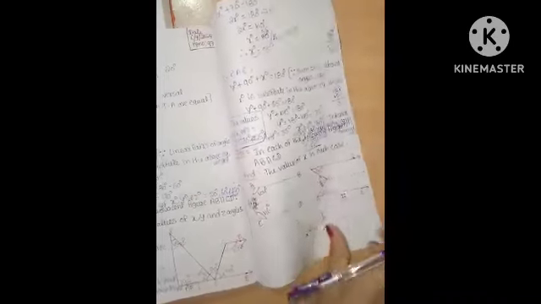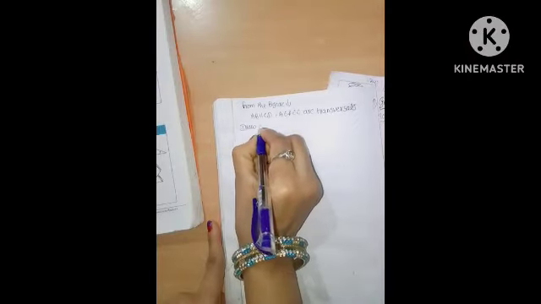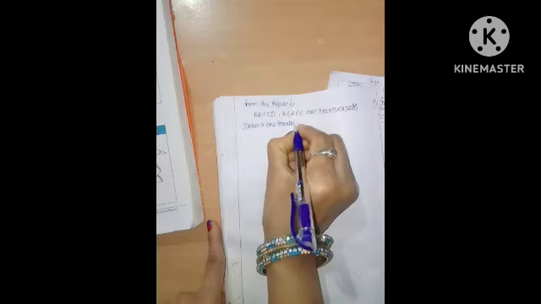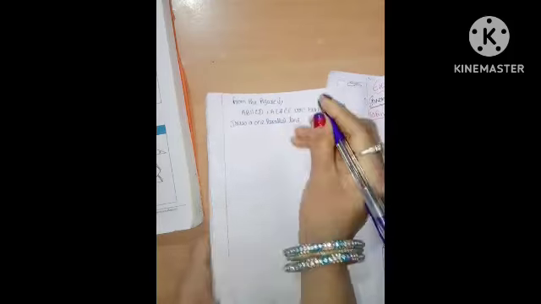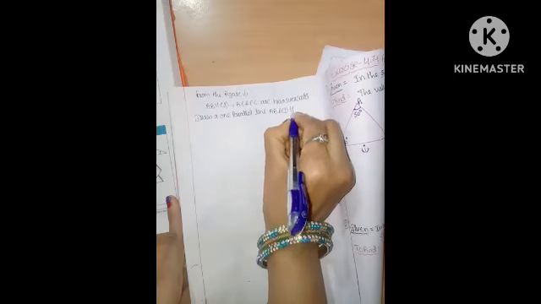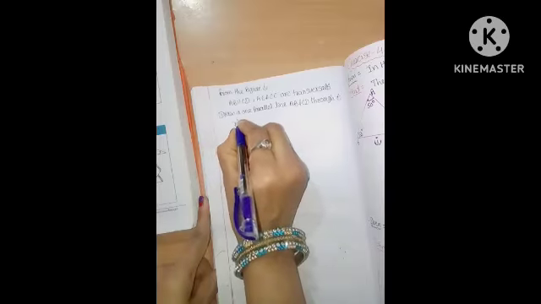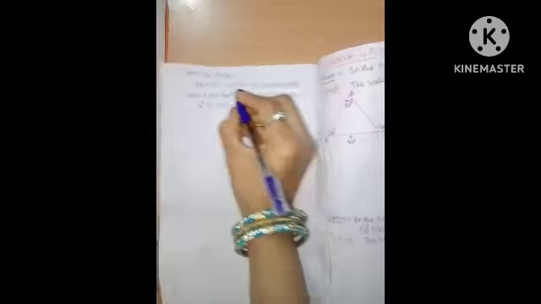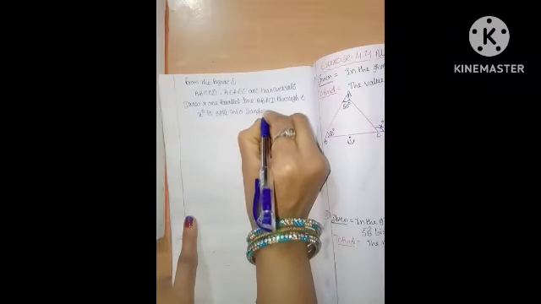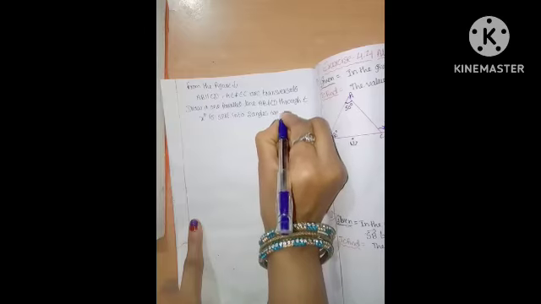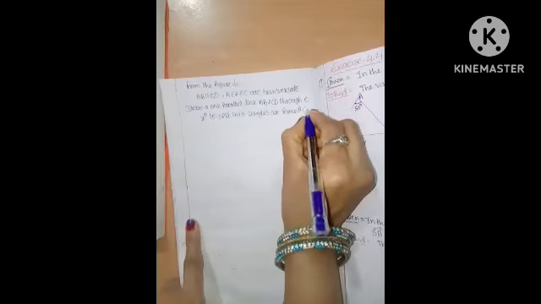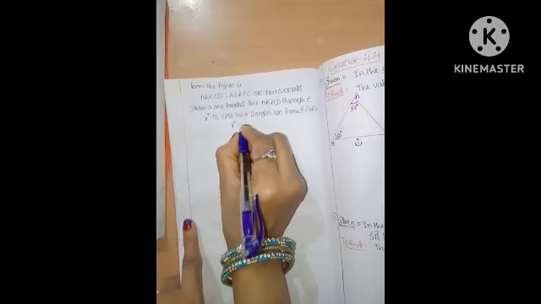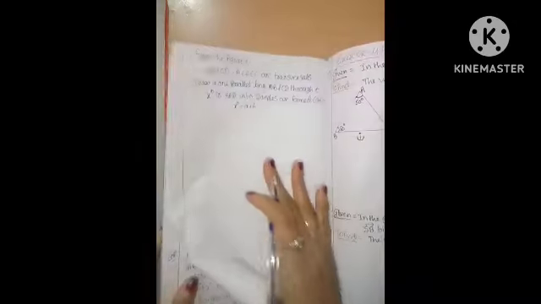draw one parallel line to AB and CD through point E. So x degrees is split into two angles, A and B. So x degrees is nothing but A plus B. Why is it A plus B?